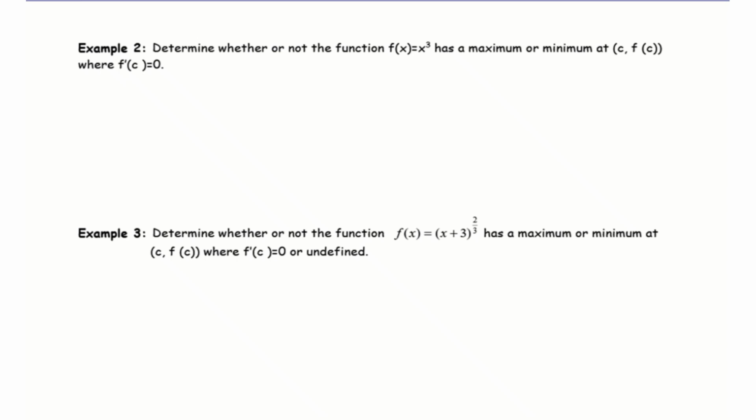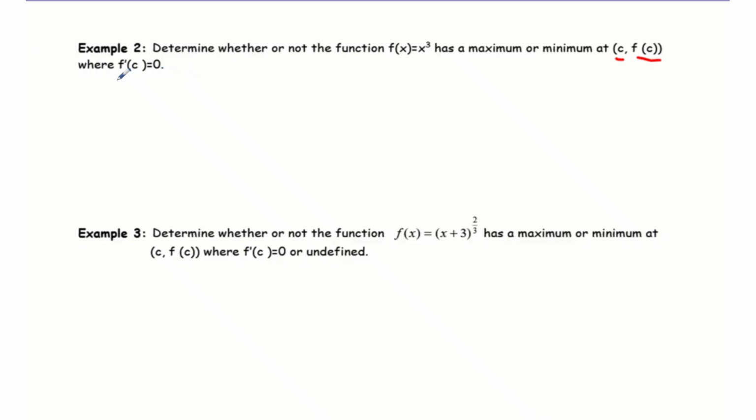So practice more. We have this function f of x equals x cubed. It asks you if this function has a maximum or minimum at critical points. The critical points definition is where the derivative equals 0. Because this is a polynomial function, we don't have undefined points.